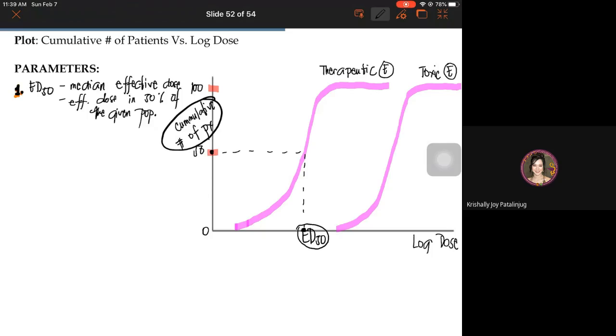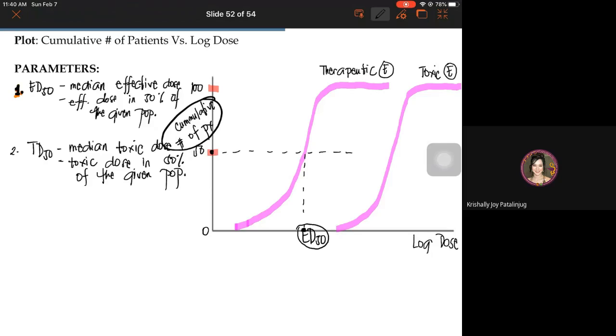All right. The other parameter is the TD50. Ito naman yung median toxic dose, ito naman yung toxic dose in 50% of the given population.